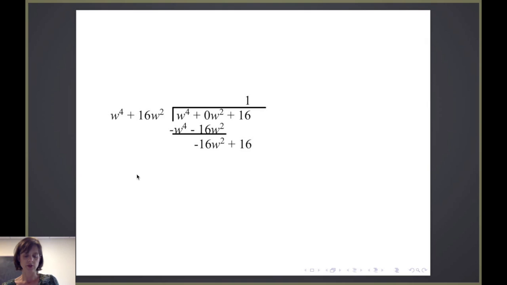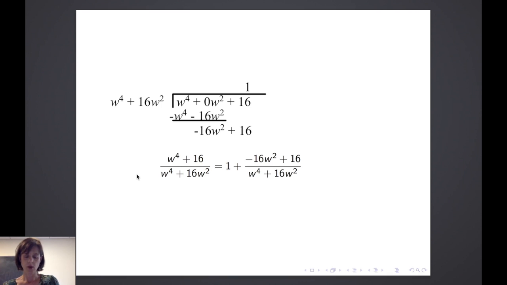When I perform the subtraction, I'll get negative 16w squared plus 16 when I bring down that 16. And since w to the 4th does not go into negative 16w squared with a power of w that's 0 or greater, I'm finished with my long division.